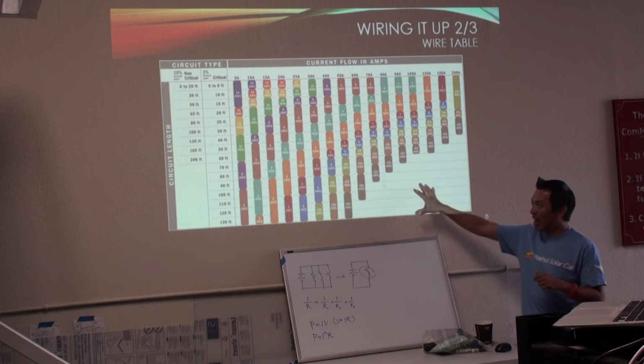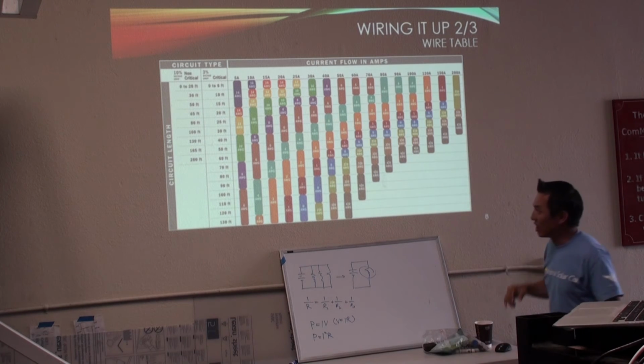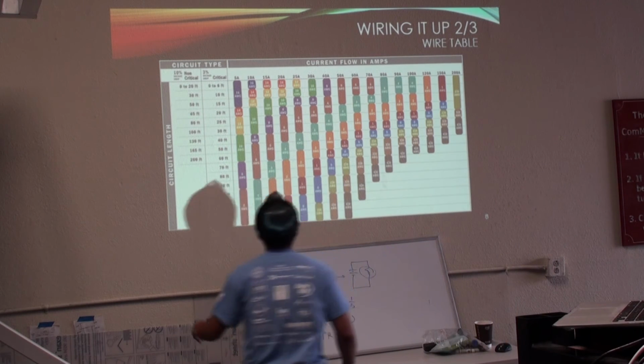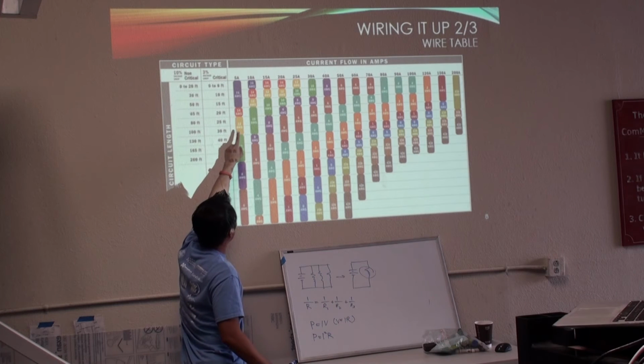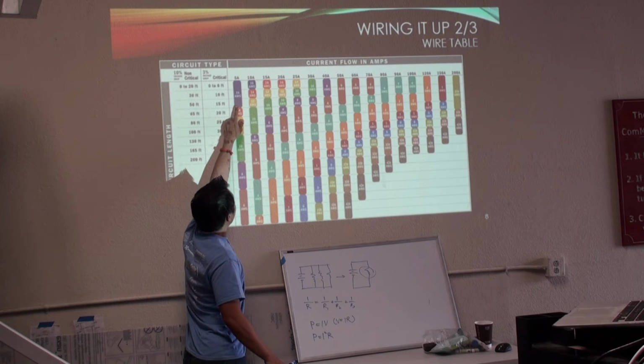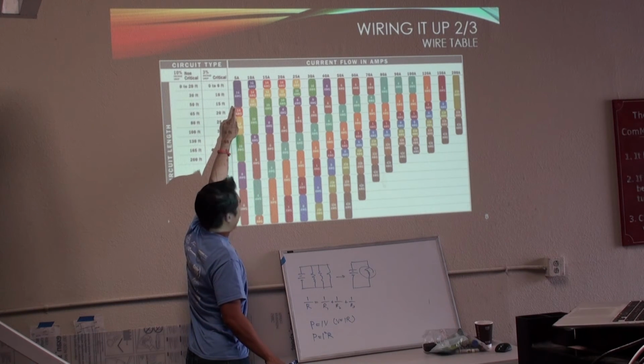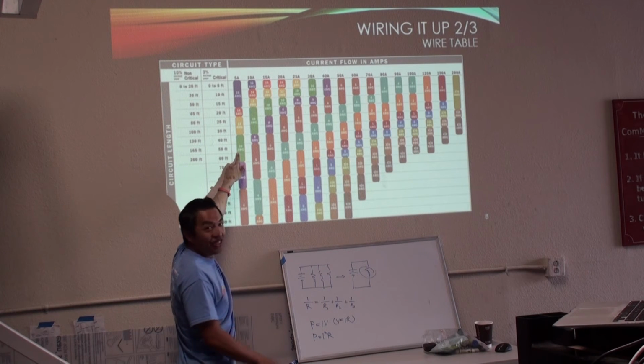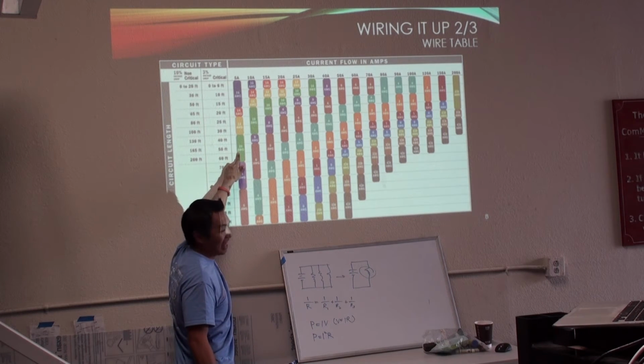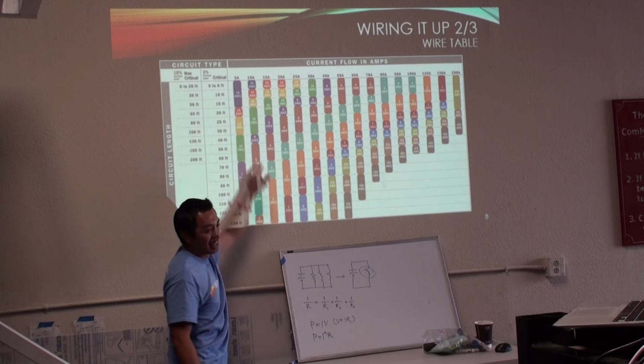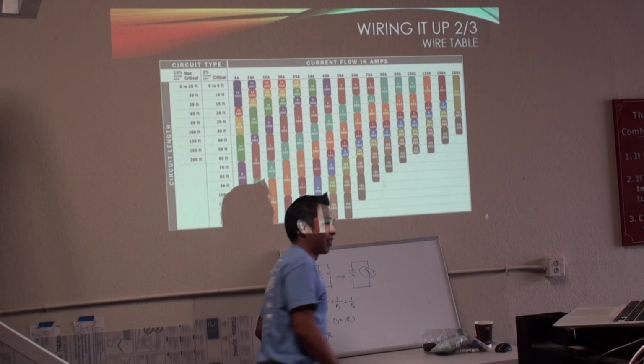And so when you size wire, you can see that if I want to run 5 amps at 10 feet, I can run 16 gauge wire, but running at 50 feet, it's 10 gauge wire.